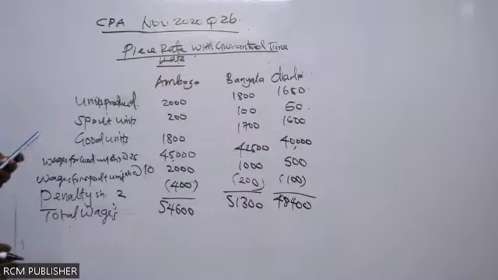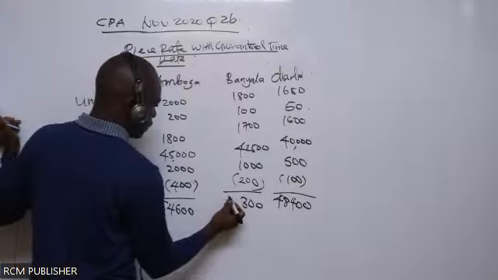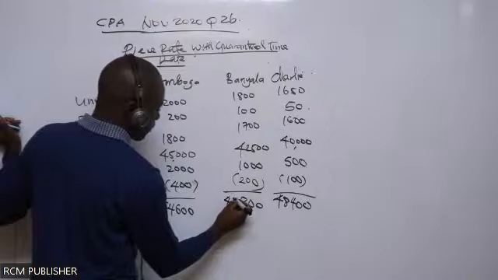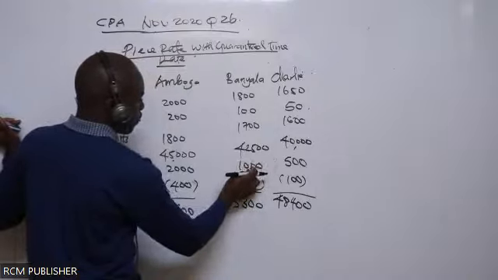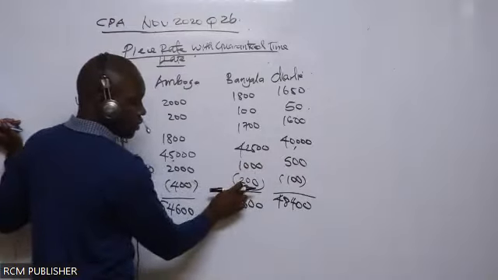The employees are guaranteed a minimum monthly pay of 8,000. A minimum. B is 43,300, because we have 43,500 minus 200.